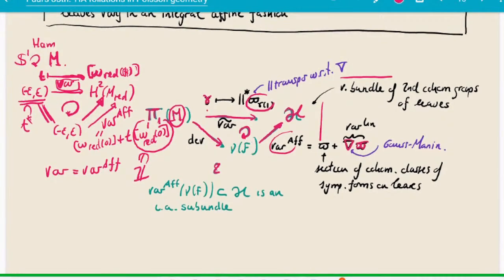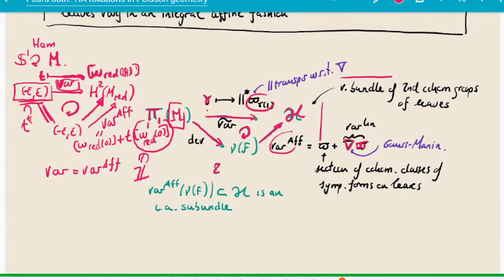And in the more general case, you already have an issue because your leaf space is not just an interval, it can be a complicated integral affine, not even a manifold, an orbifold. So you don't want to work with the leaf space. You want to work with the original given Poisson manifold M. So that's a little bit large.